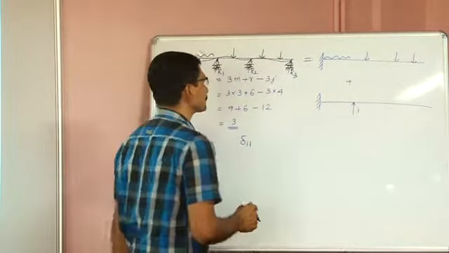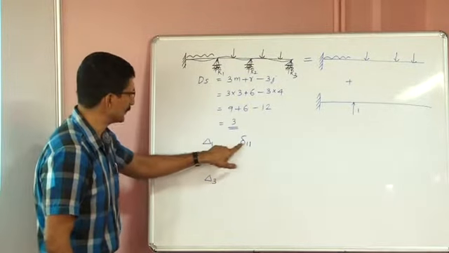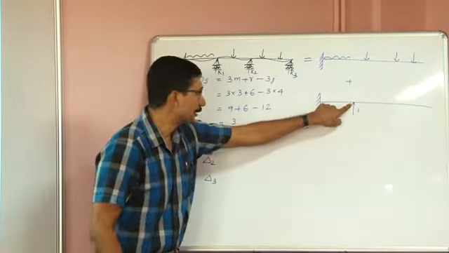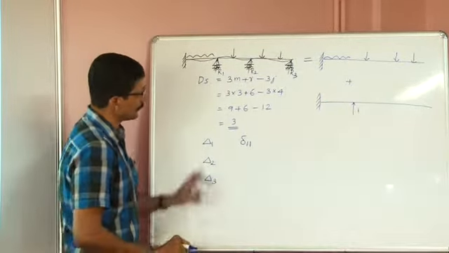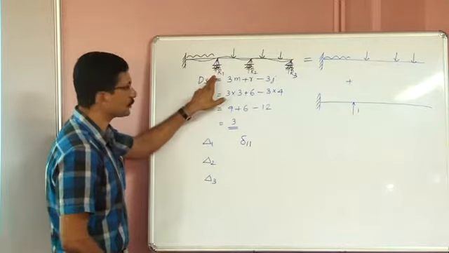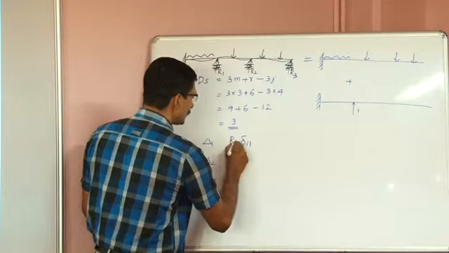In this case, the deflection here can be named delta 1 1, deflection at joint number 1 due to a unit force along joint number 1. Now, due to the force R1, the deflection is R1 into delta 1 1.